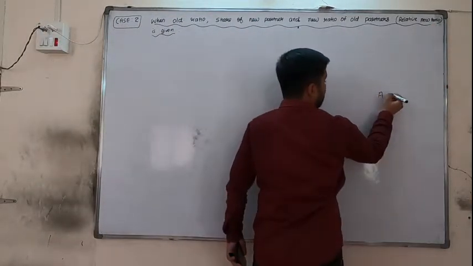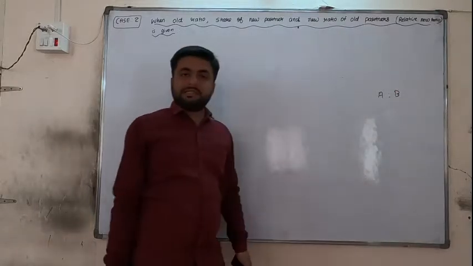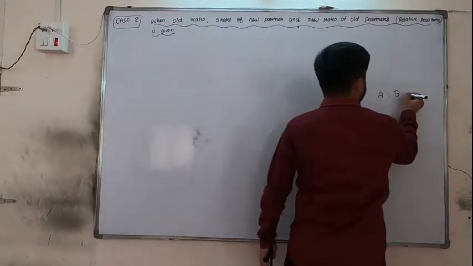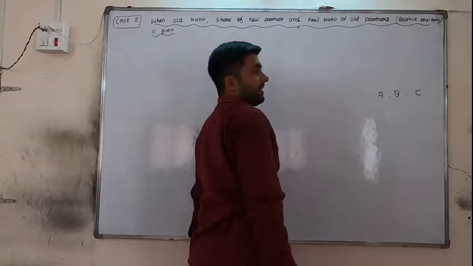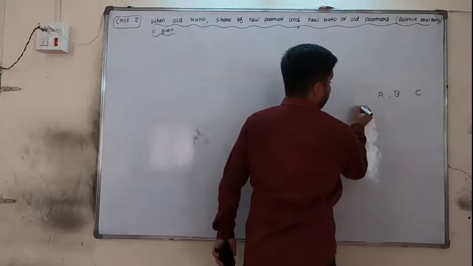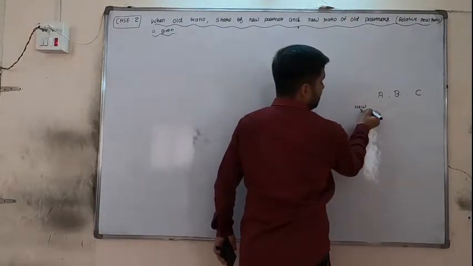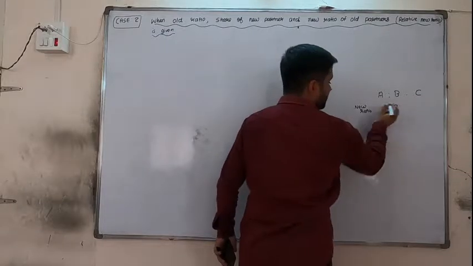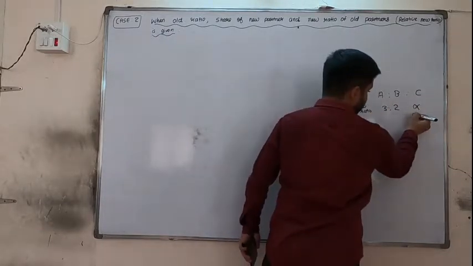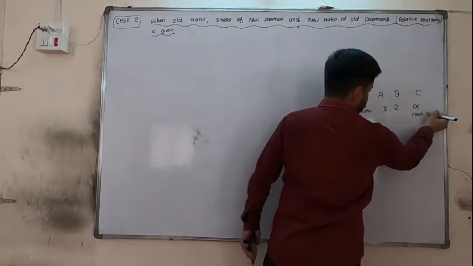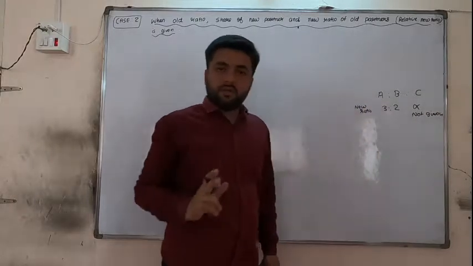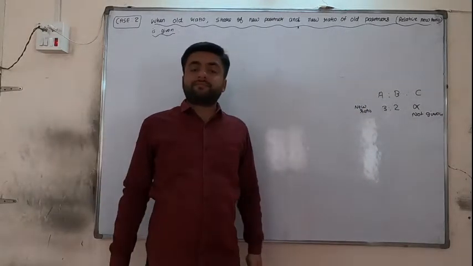Suppose in the business there are only two partners A, B. C is admitted as a new partner, but the new ratio is given for A and B, suppose 3:2. For one partner it is not given.